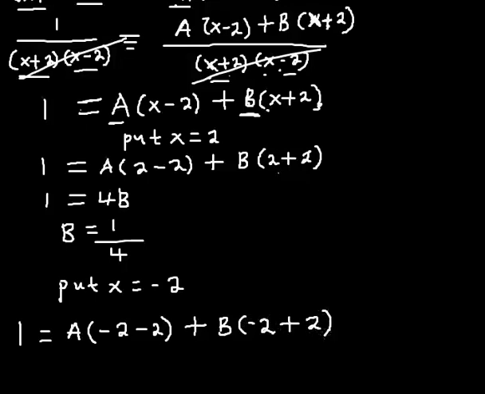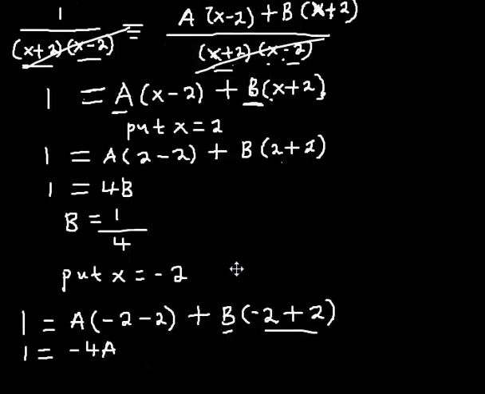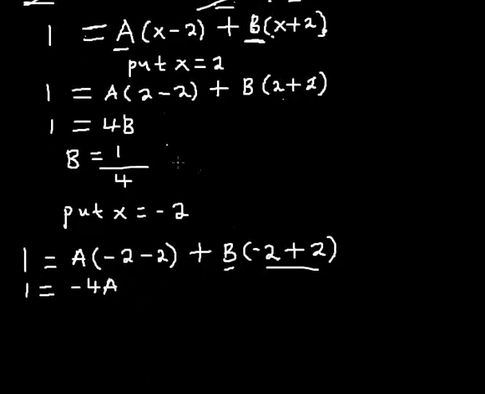Of course, you know very well that this is going to be 1 equal to -4a, and this is 0. So b is eliminated. That way, I can simply say that a is equal to -1 all over 4.